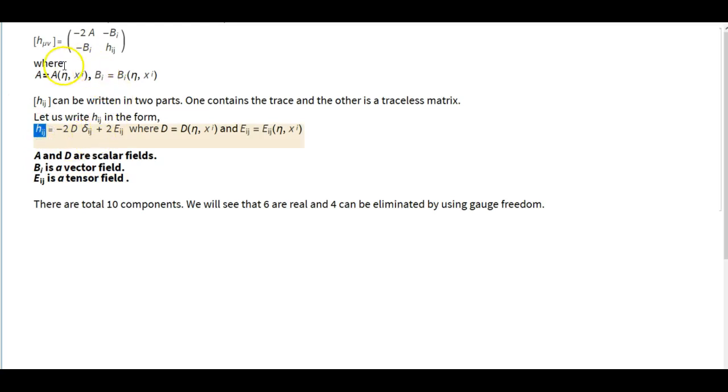All of this we have seen in the previous lectures, and let us learn some more information about scalar, vector, and tensor perturbations in the metric tensor.